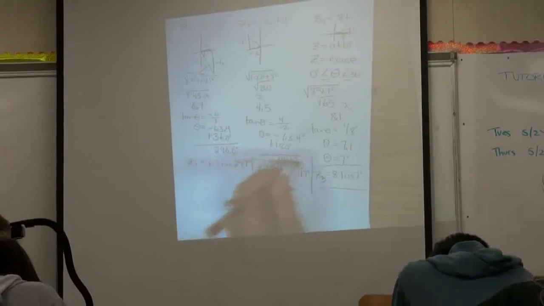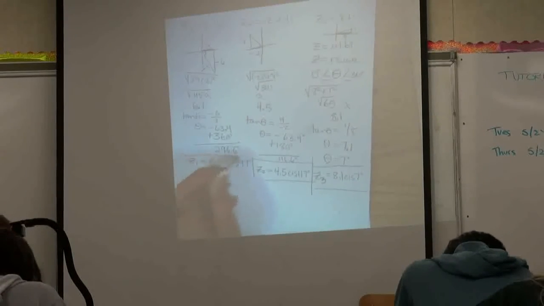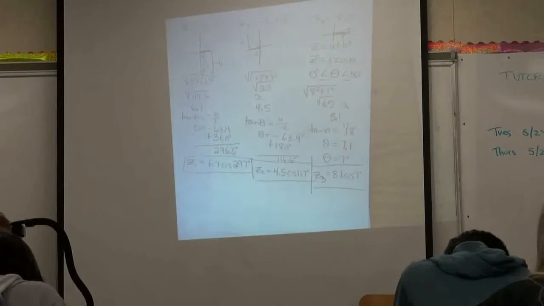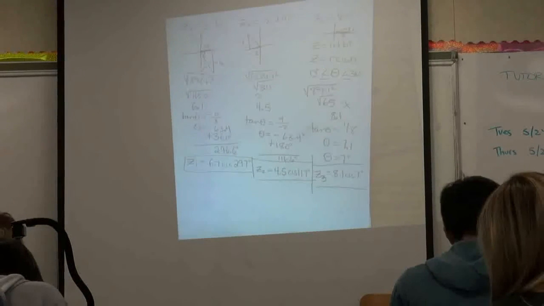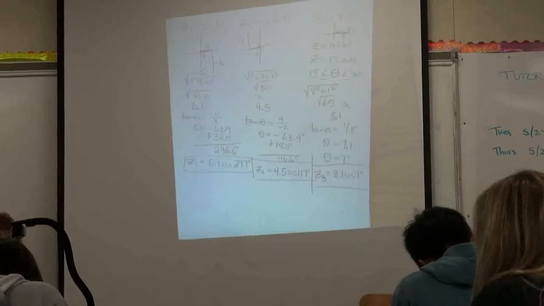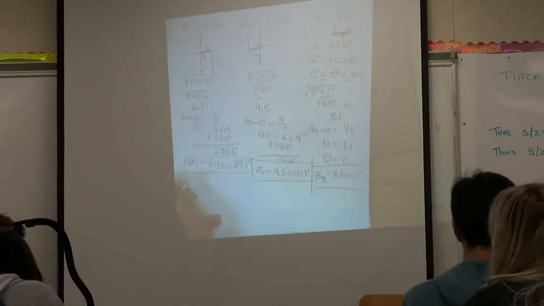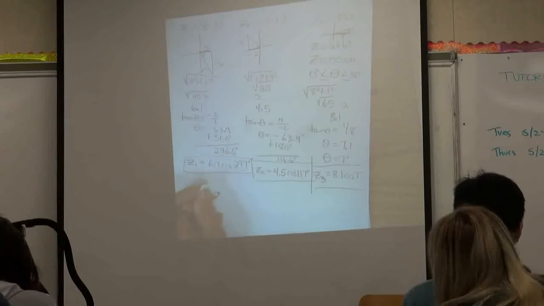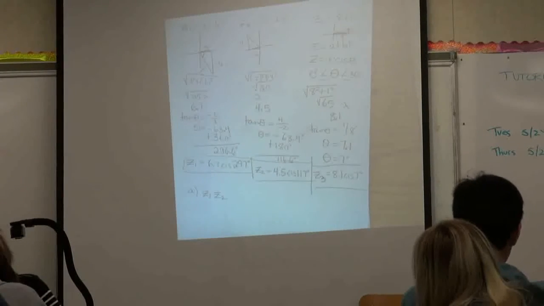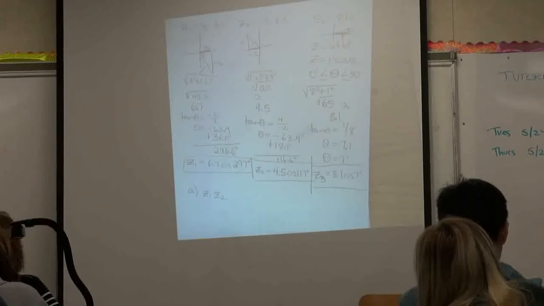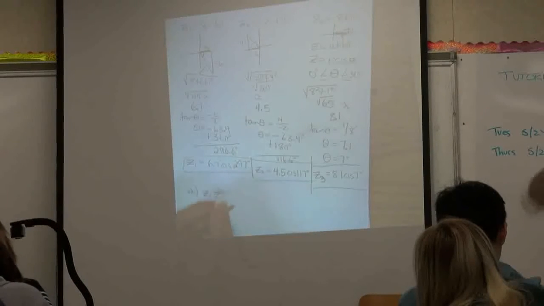And now that you have these, you can do a multitude of operations. The first one being multiplication of 2 complex numbers in polar form.